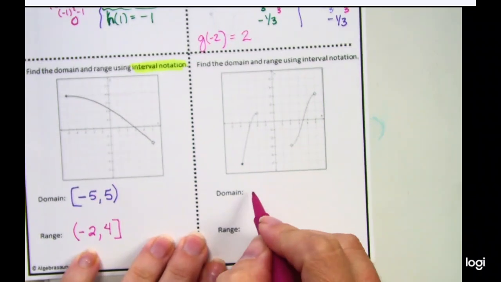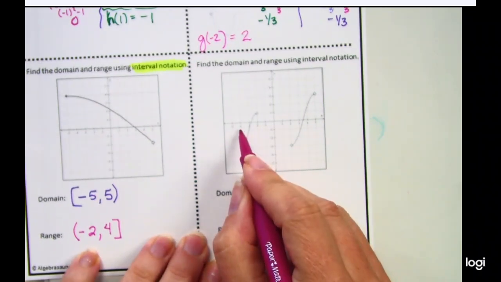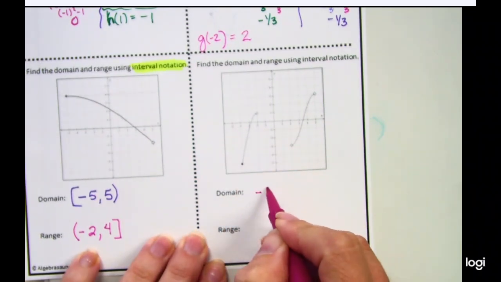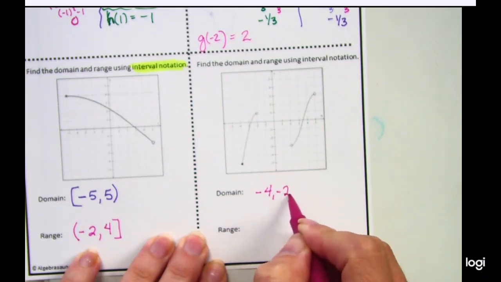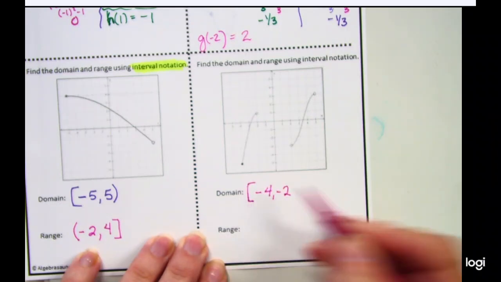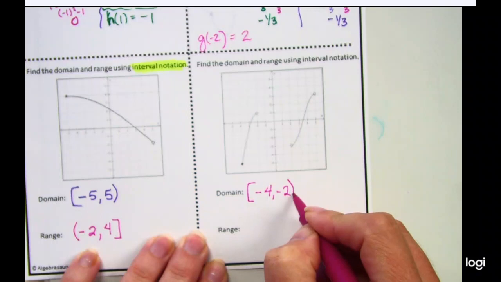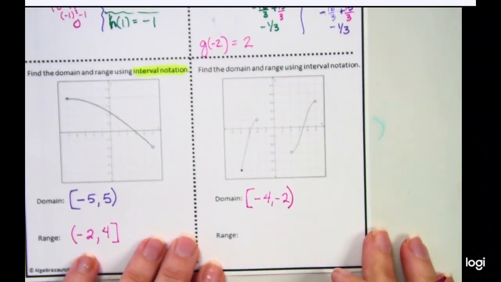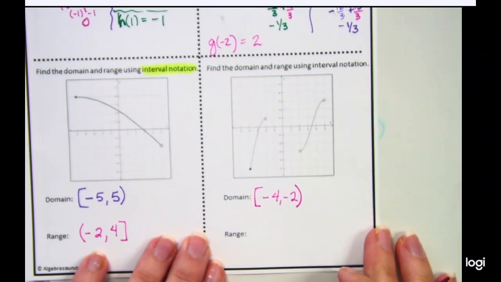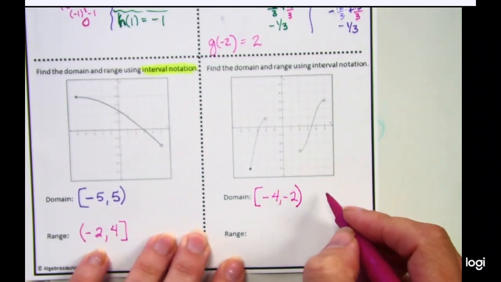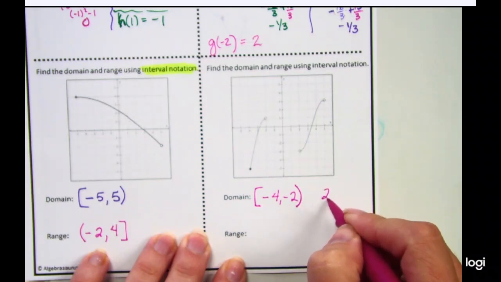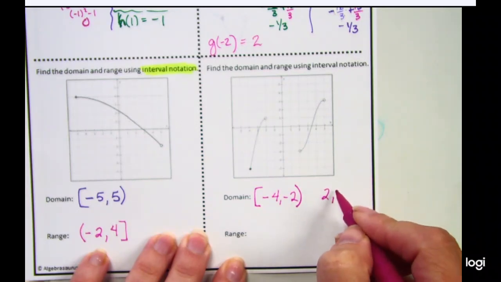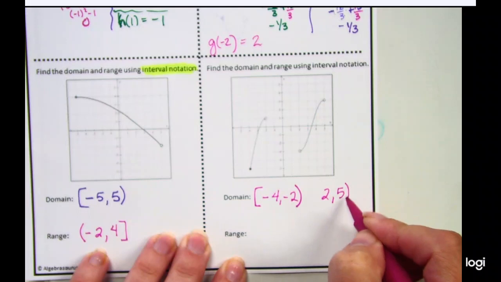We are in between -4 and -2. That one includes it, closed circle. That one is an open circle. And then we have 2 and 5, and they're both open.